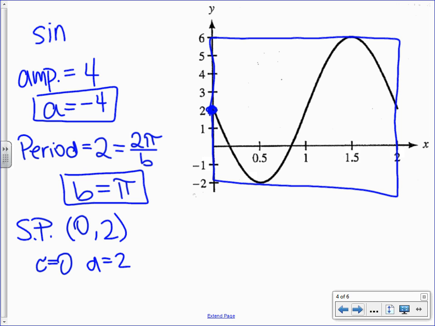So our curve, y equals -4 sine of pi x, and then after it is plus 2. So far so good? Not so bad?